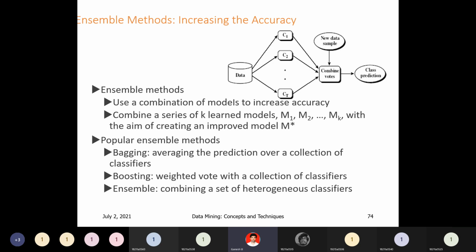Bagging is where a number of models are created, the average of all models is taken, and that is created as a new model that is better than all of them. Boosting means a number of models are there, and you will obviously get a good result.